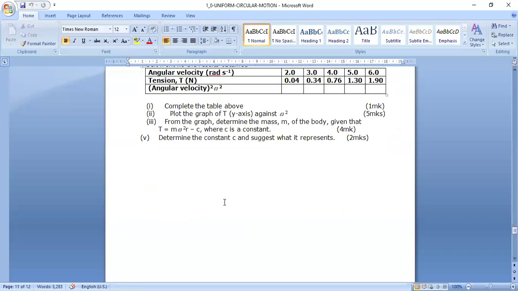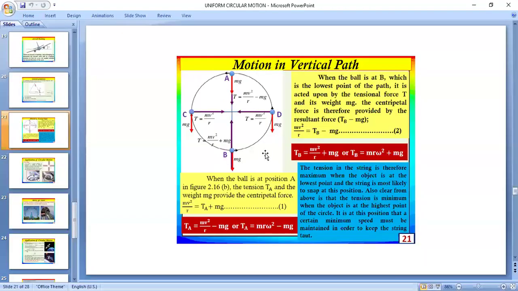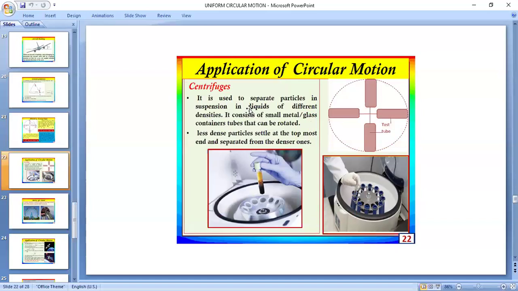Okay, back to applications. Application number one, centrifuges. During the introduction of this topic, I said that a centrifuge is a device or machine that is used to separate milk and ghee. So milk is put in those containers and then it's revolved many times at a very high speed.